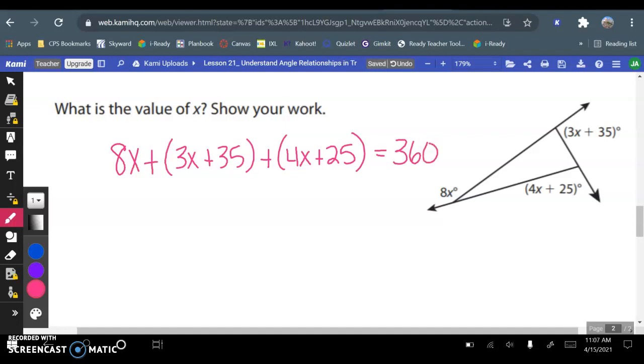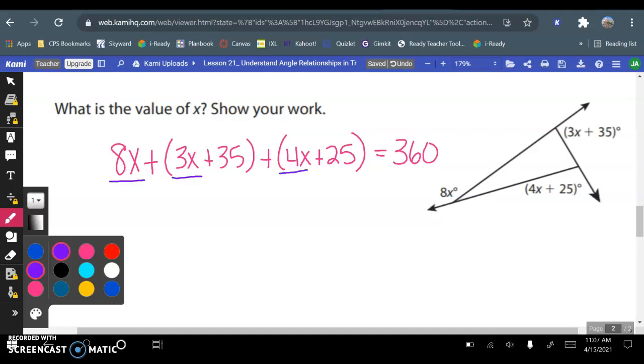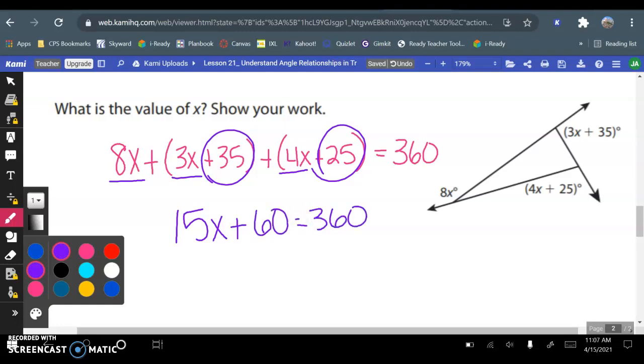So now I can go through, it's all adding, so these parentheses really don't matter. We just have to combine like terms. So 8x plus 3x plus 4x would give me 15x, and then a positive 35 and a positive 25 would give me 60. That's going to equal 360.